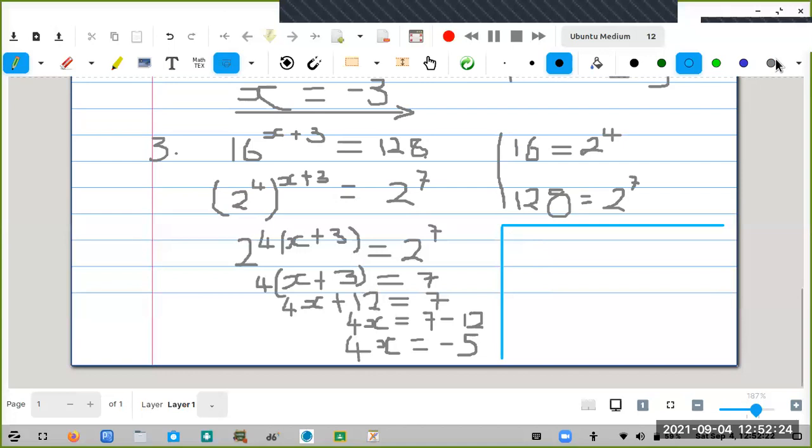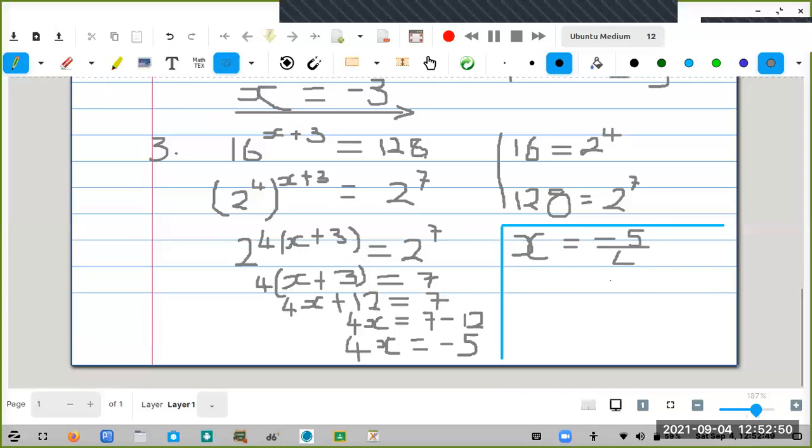So when we divide both sides by 4, we are going to have x on the left-hand side, which is equal to negative 5 over 4.